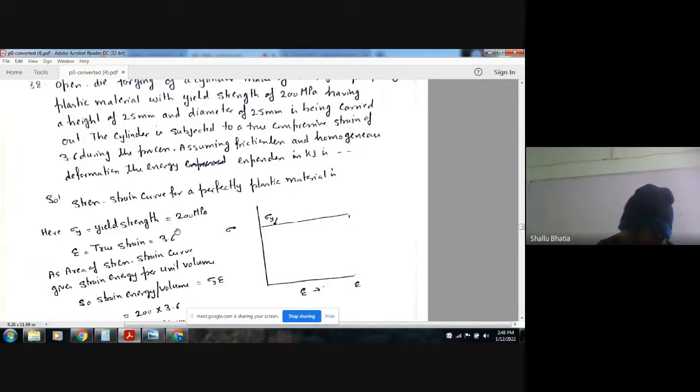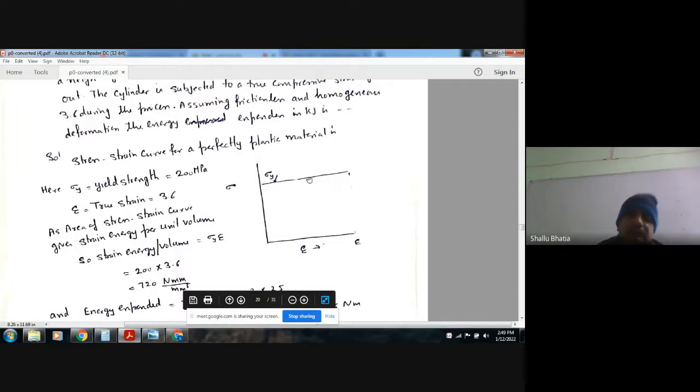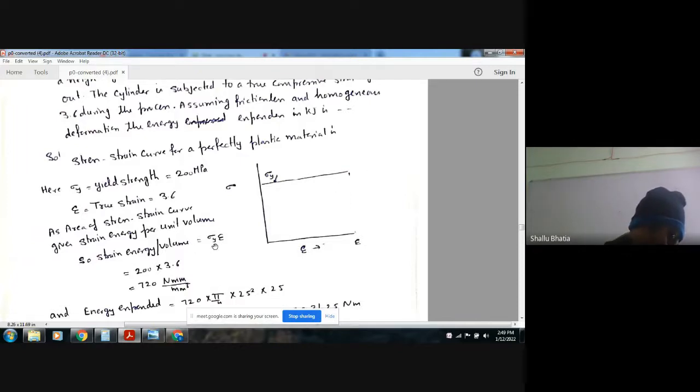So this is 200 into 3.6, the strain energy per unit volume. The area of the stress strain curve is the strain energy per unit volume. Here the graph is straight, so it will be given by the area of the rectangle, sigma y into epsilon.